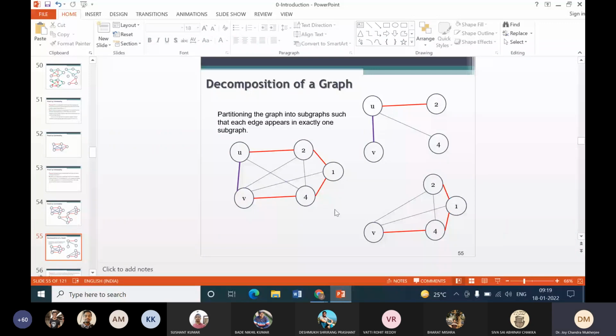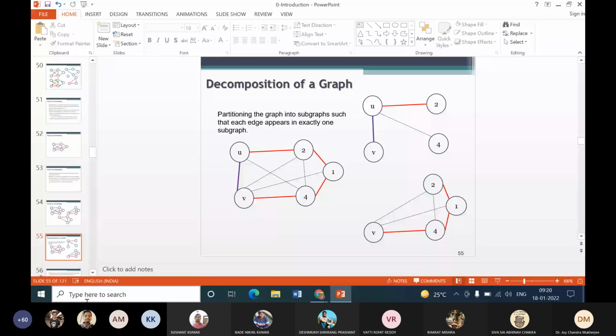Partitioning the graph into subgraphs such that each edge appears in exactly one subgraph. It must appear. So if I decompose it, the edge must appear in one and only one subgraph. Okay. The vertex may be repeated, and it needs to be repeated, otherwise how can we decompose? This is a definition.